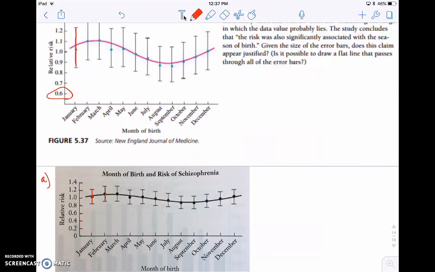So when we compare it to where we were originally, we've lost a lot of the variation. In part A, we would just say that the variation looks smaller. It appears to be much, much smaller on the bottom when we start at 0. So that's one thing that can really happen when your scales start at 0 or at a different value. You just have to make sure you look at those scales very closely.